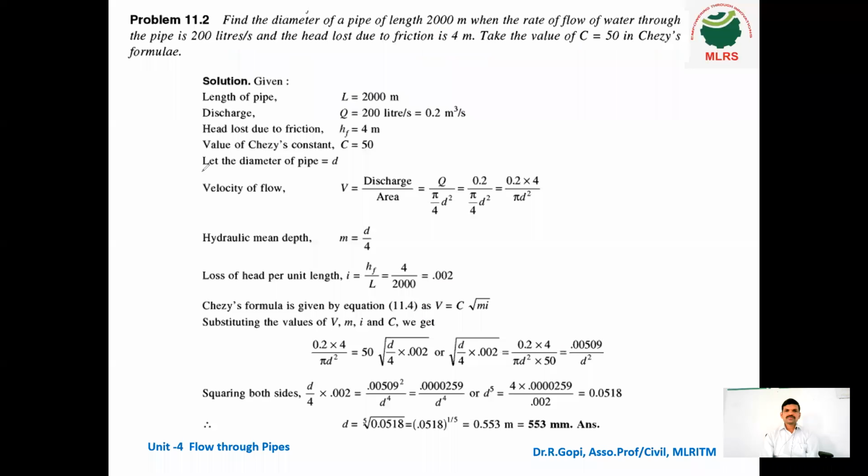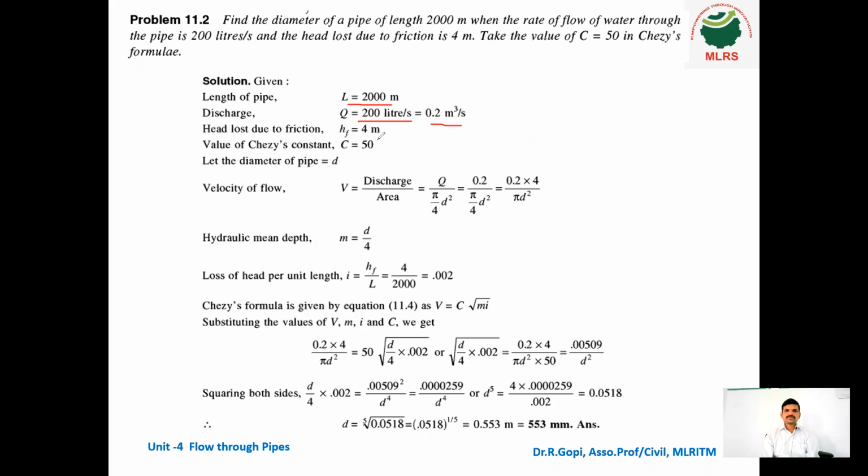So now what are the data given? Length of the pipe is 2000 meter. Discharge Q is 200 liters per second. How to convert liters per second into meter cube per second? It is 200 divided by 1000, which is 0.2 meter cube per second.